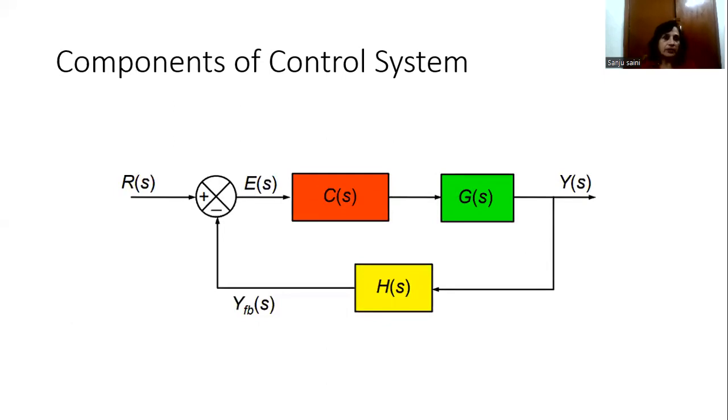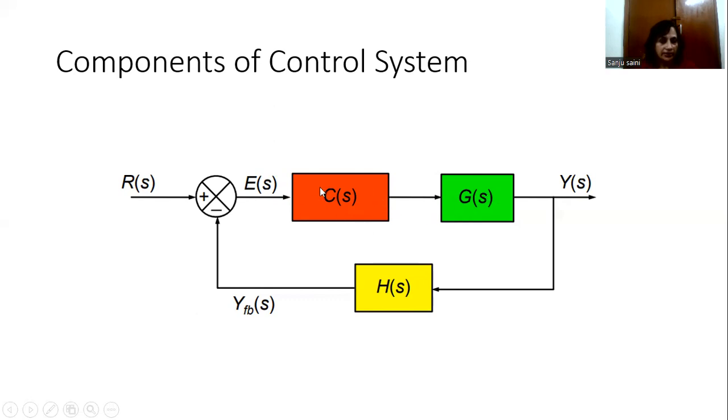Then what are the components of a control system? Like we had taken the example of a car. So the car was representing a plant, and this is the block diagram representation of a control system. So the plant is represented by this green block, G(s).